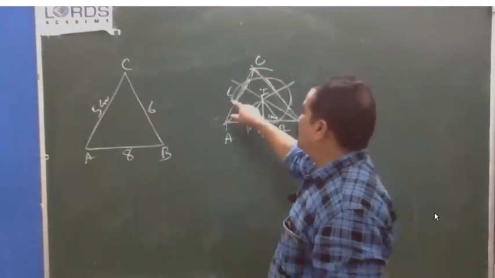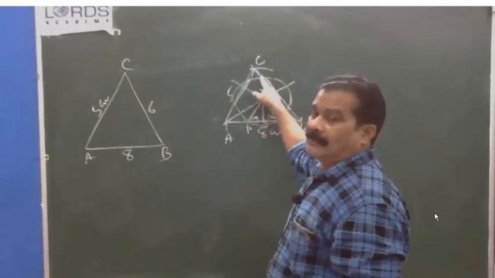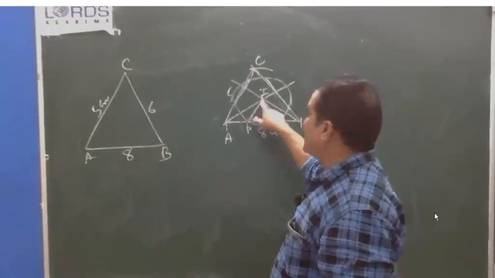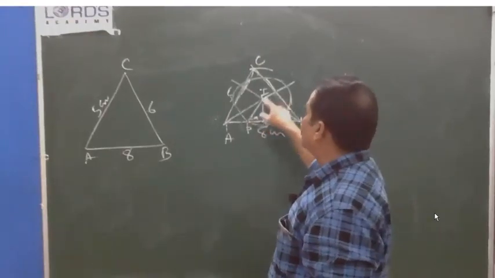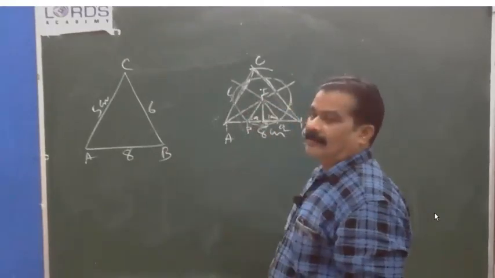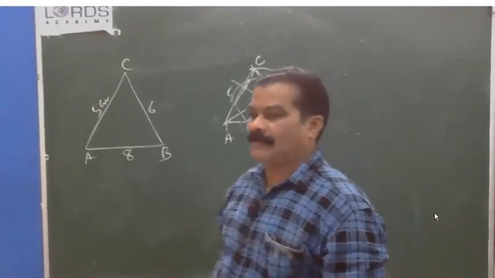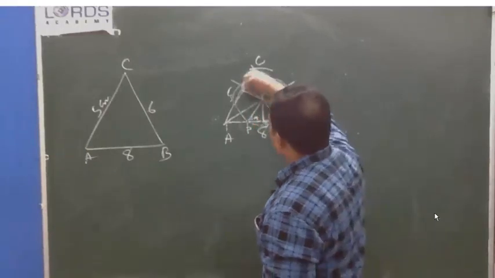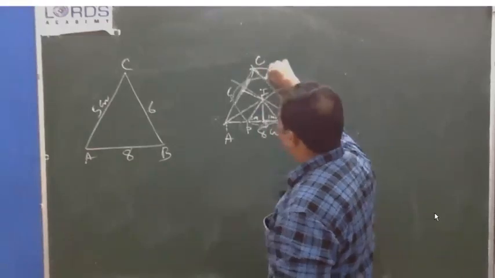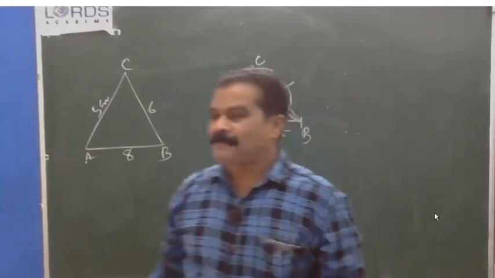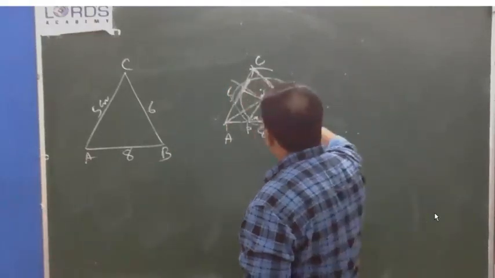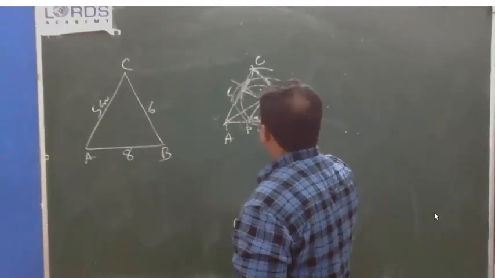Another two sides didn't touch this one. Then your incenter is not correct. If it is the incenter, the perpendicular distance to the other two sides should be equal. This also equal. Then this will be 1 centimeter each. If it is the incenter, this circle will go inside like that.